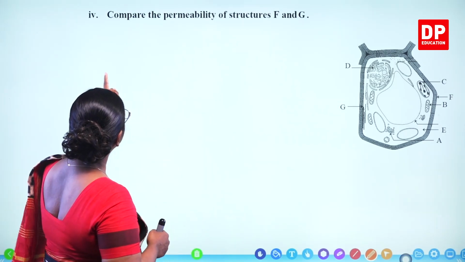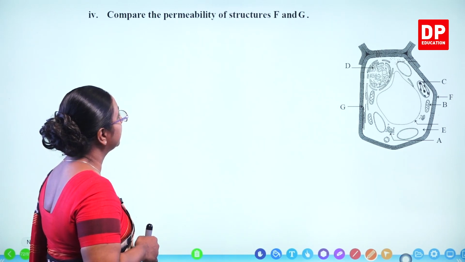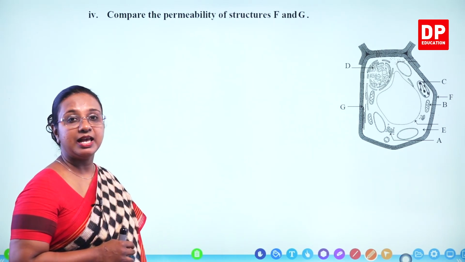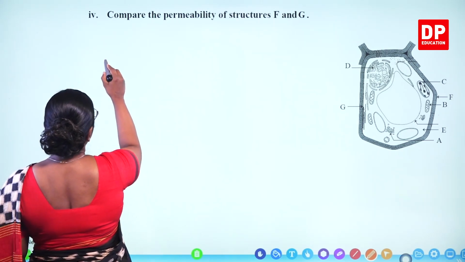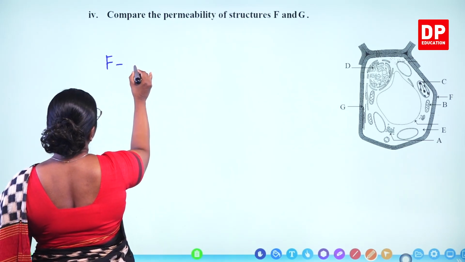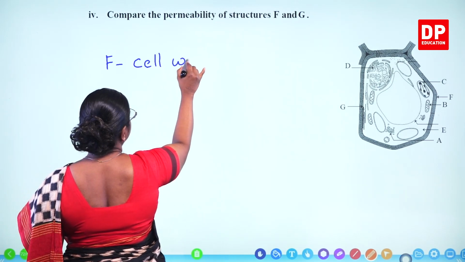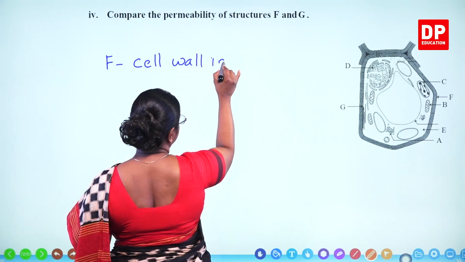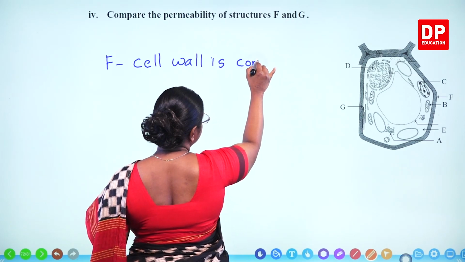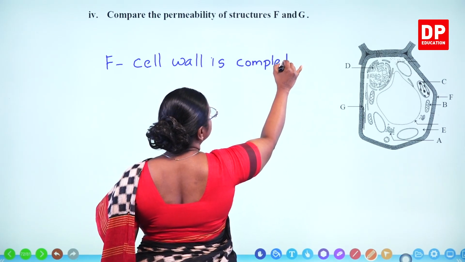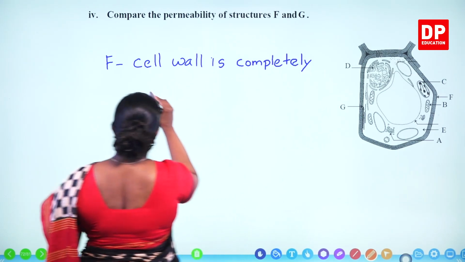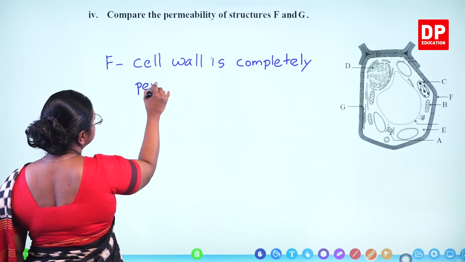So here we are supposed to compare the permeability of structures F and G. So here I can say F, cell wall, is completely permeable.